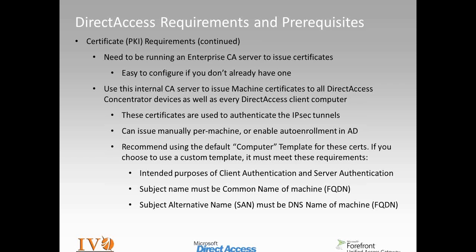One of the inbuilt templates in Windows Server is called the computer template. When you install the CA server role, it automatically puts in the computer template and enables it. The computer template does exactly what we need it to do for DirectAccess. So I always recommend, especially if you're not overly familiar with certificates, to just use the inbuilt computer template.